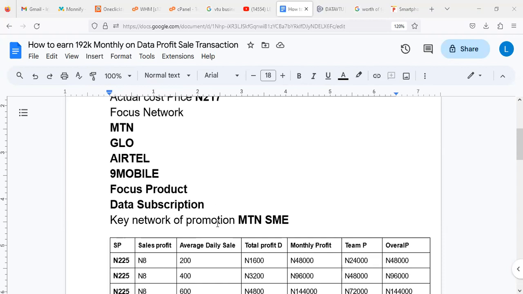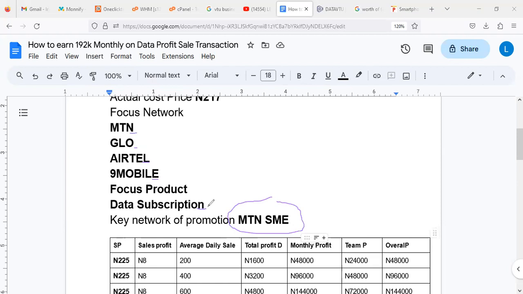Now, the key network of promotion here is MTN. So you can see how we are niching down towards the actual product we are going to be promoting, which is MTN. We start with the focus networks, MTN, Glo, 9mobile, Airtel, as network services. Then we look at the product itself, which is data subscription.